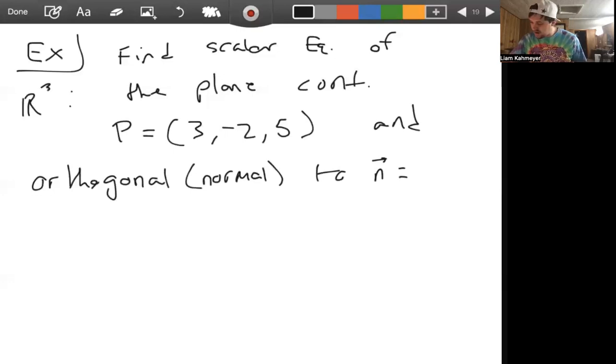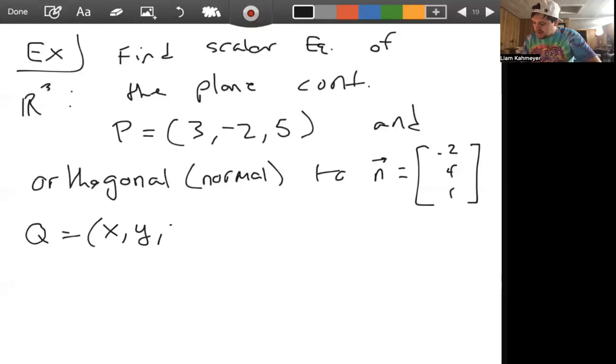We have n given by -2, 4, 1. Okay. So let's find the scalar equation by way of finding the vector equation. And so what do we need? We need a point Q, (x, y, z), such that PQ dot n equals 0.